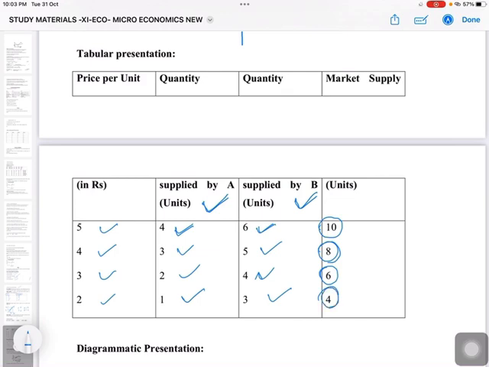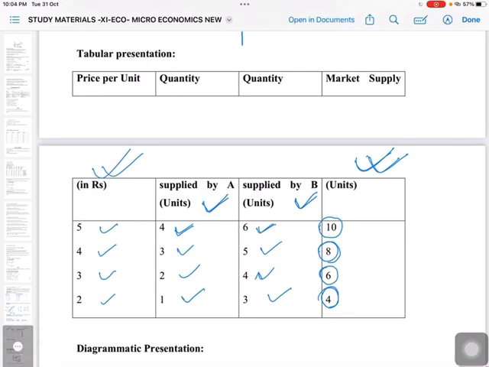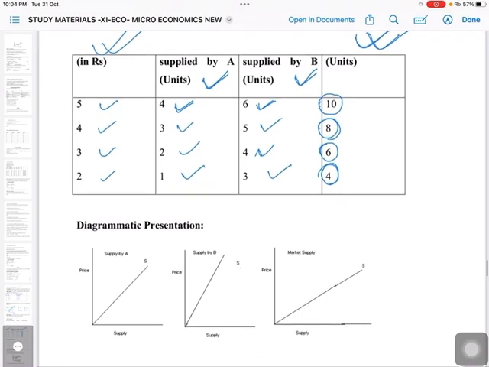So, the relationship between price of the commodity and the market supply, you see दिस रिलेशन इज ऑल्सो डायरेक्ट. अगर प्राइस फॉल किया, मार्केट सप्लाई फॉल किया. प्राइस बढ़ने से मार्केट सप्लाई बढ़ता है. सो देयर इज ए डायरेक्ट रिलेशनशिप. एंड द मार्केट सप्लाई इज द सम ऑफ द इंडिविजुअल सप्लाई. इंडिविजुअल सप्लाई को आप प्लस करोगे, you will be getting the market supply.